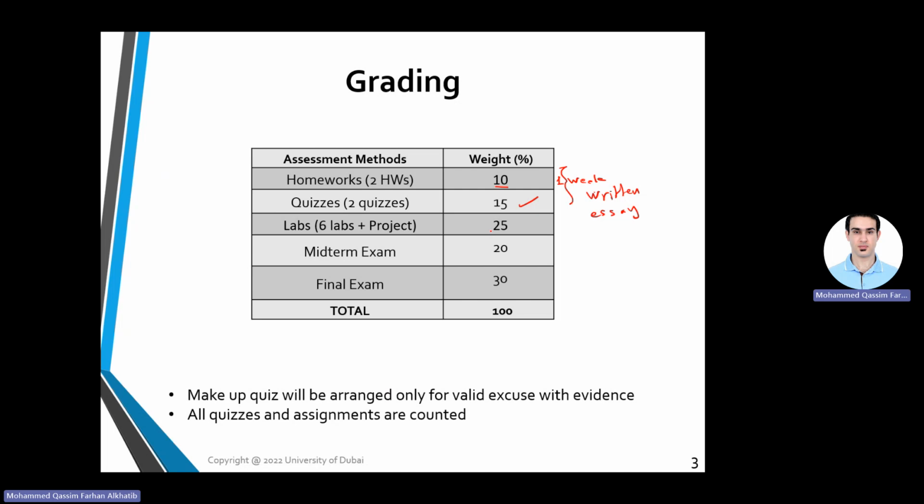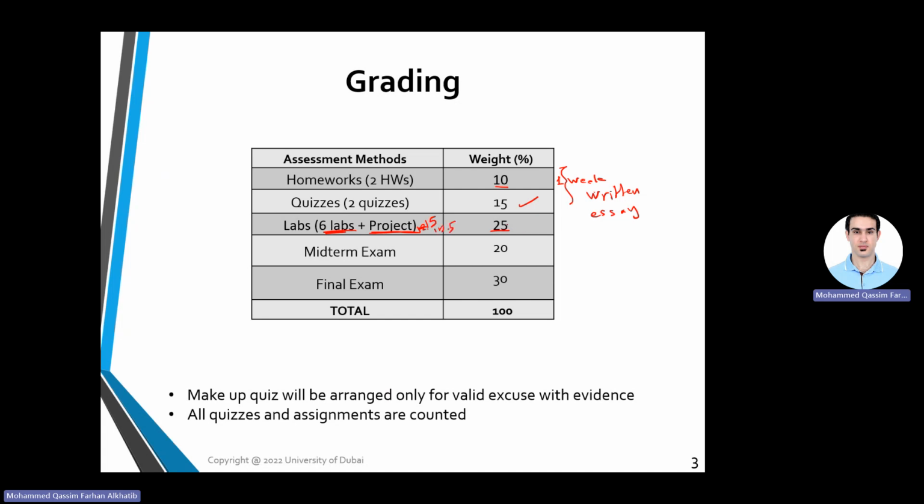Labs, Engineer Haitham will be dealing with the labs. So the labs part consists of 6 practical assessments, and at the end, you do a project. The project will be worth 12 or 15 marks. I will say 15 or 12.5 marks.